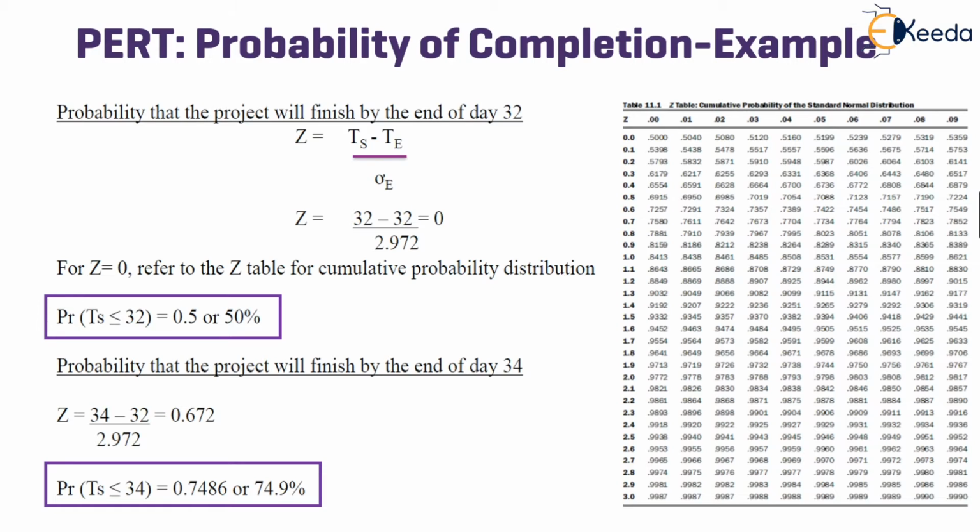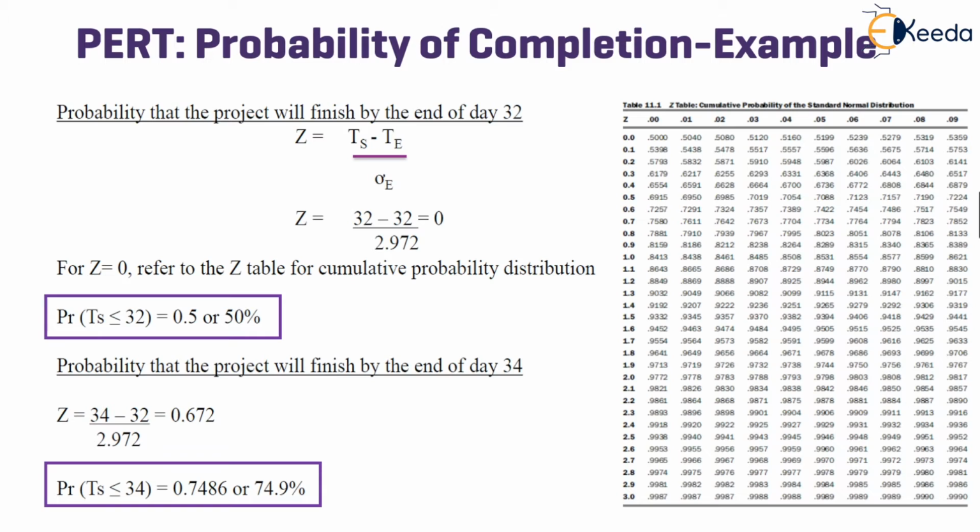So the first question, to calculate the probability that the project will finish by the end of day 32, is done by using the formula of z is equal to the estimated time, that is 32, minus expected time 32. In this case, since we are talking about completing the project by end of day 32, dividing it by 2.972, we get 0.